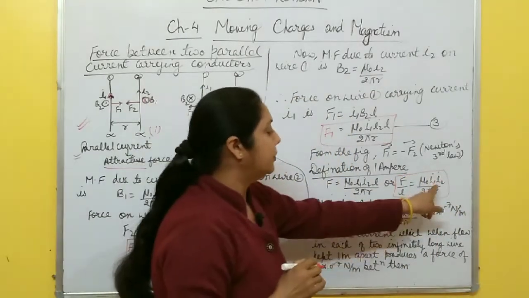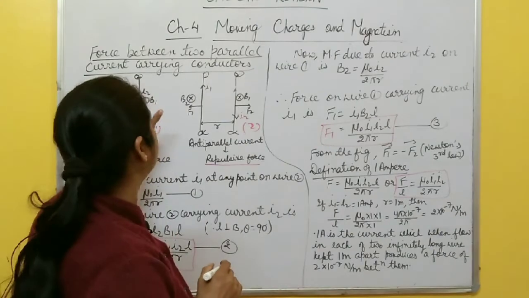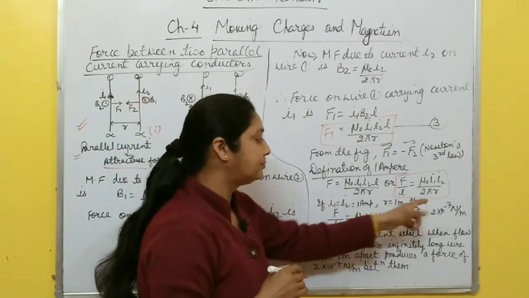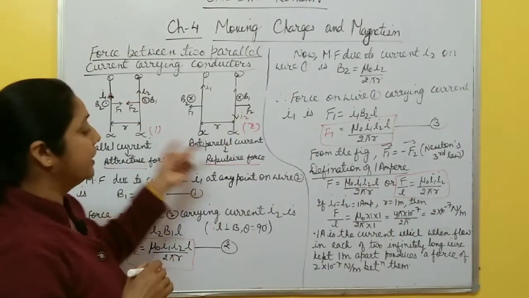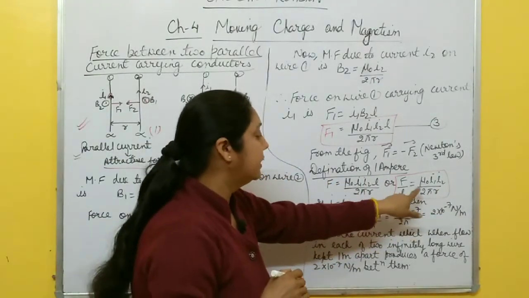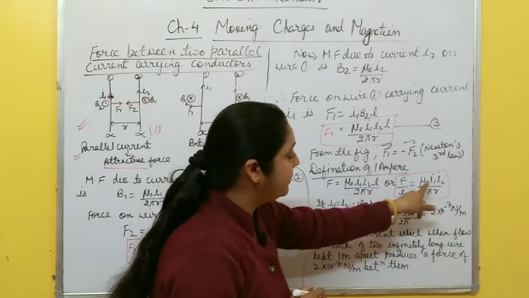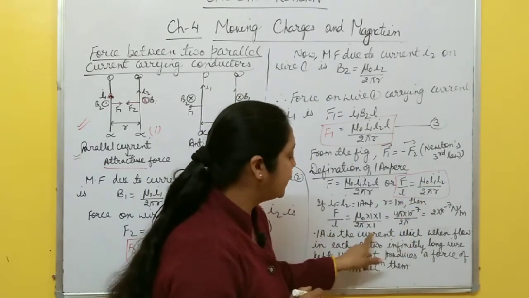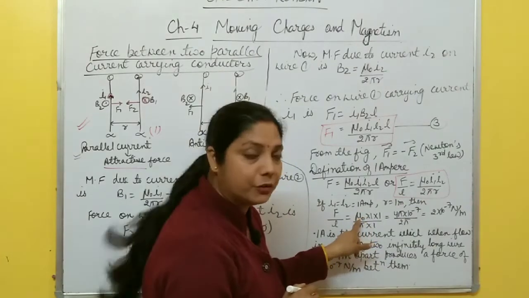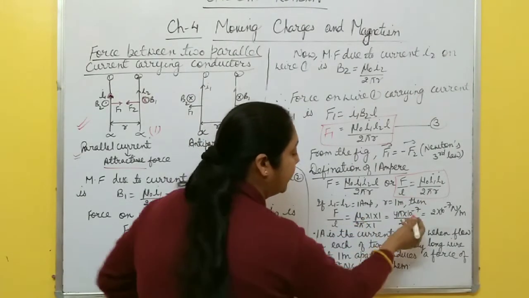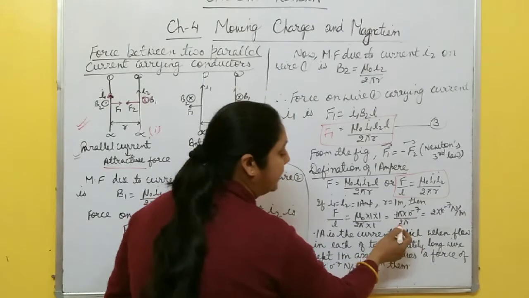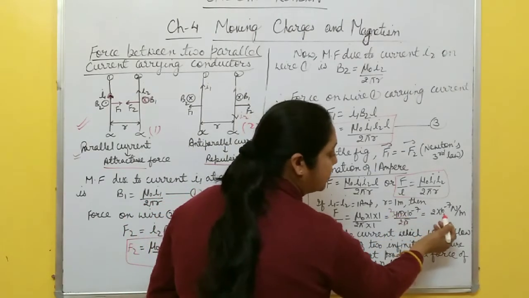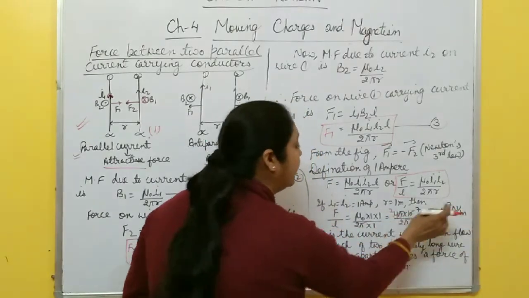Here if both wires have current 1 ampere, I1 and I2 are 1 ampere and distance between the two conductors R is also 1 meter, then F by L becomes mu naught by 2 pi into 1. So you put the value of mu naught, 4 pi into 10 to the power minus 7, by 2 pi. The 2 and pi cancel, it becomes 2 into 10 to the power minus 7 Newton per meter.